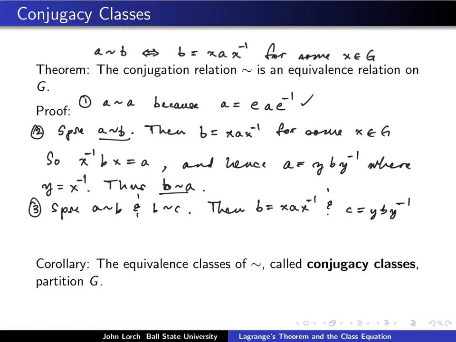And so what does that mean? Well, all we're going to do is take this equation and substitute in this expression for B. So C is Y times X times A times X inverse times Y inverse.